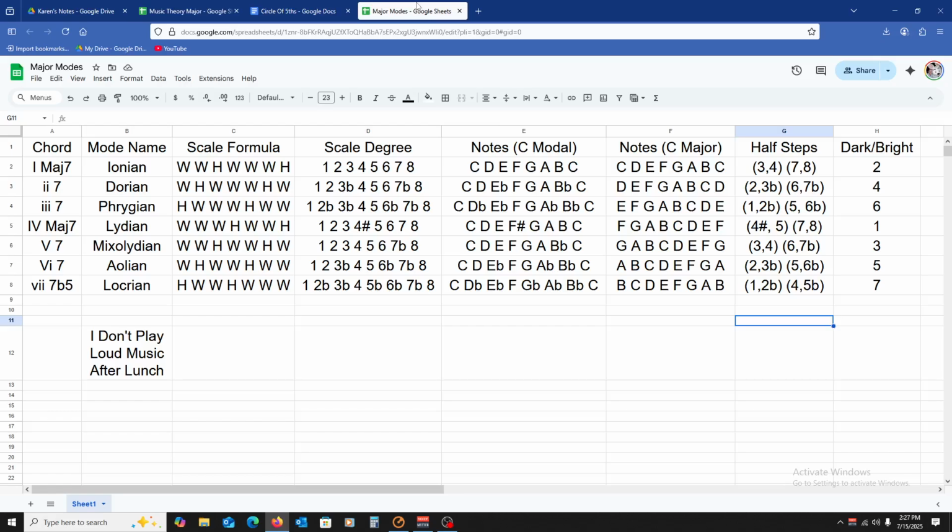And if we look at our mode chart, I've added this dark, bright scale, or you can think happy, sad maybe even. The brightest of all of the scales is probably going to be your Lydian. It's going to have this otherworldly, ethereal sound.